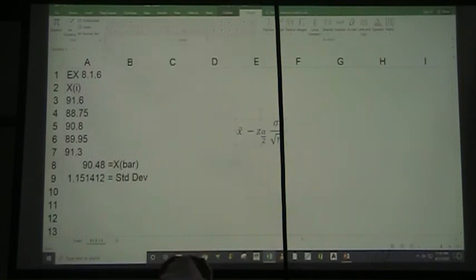All right, so less than or equal. Got to go back to Greek letters for mu. Where's mu? There you go.